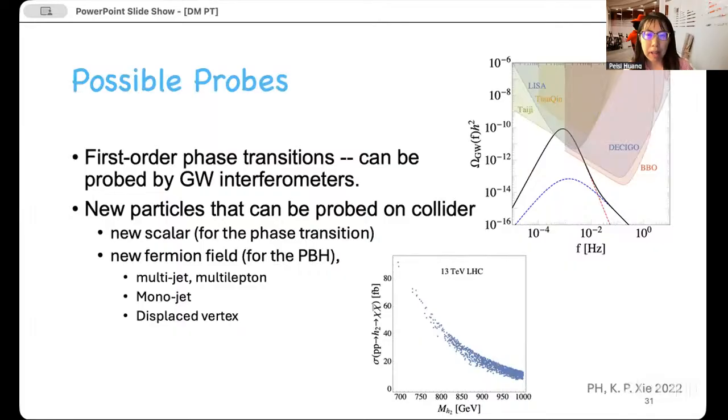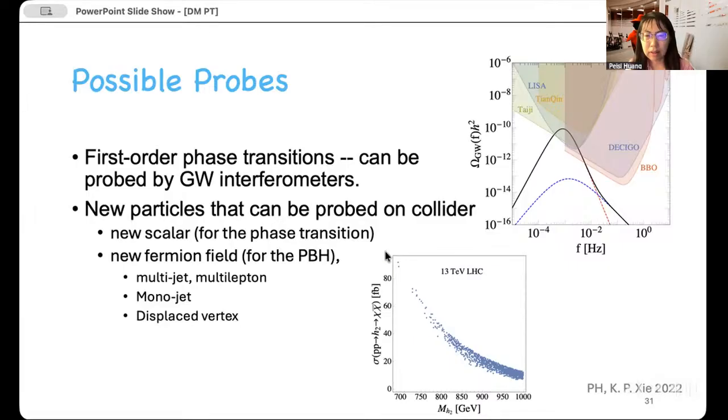So now we can again talk about possible probes. Again, we have a first order phase transition, so we expect this scenario can be probed by gravitational wave interferometers. And then we have some new fermions. They can be probed by colliders. Here we plot the pair production cross section.